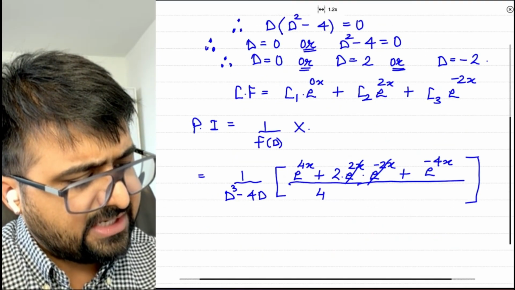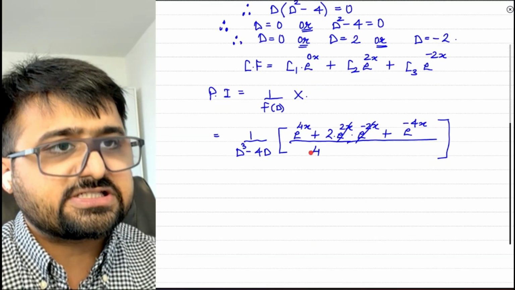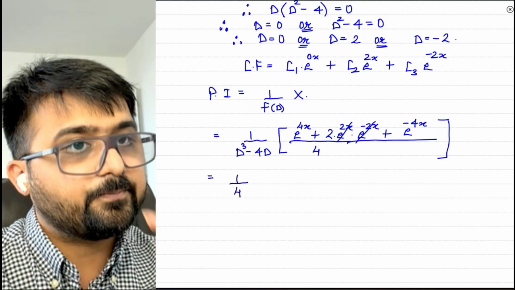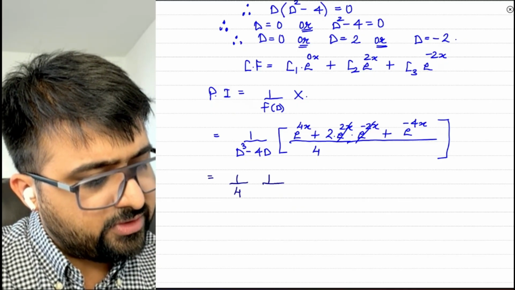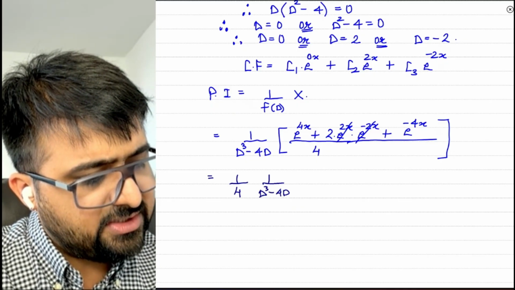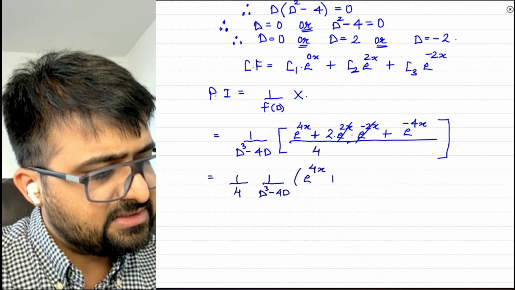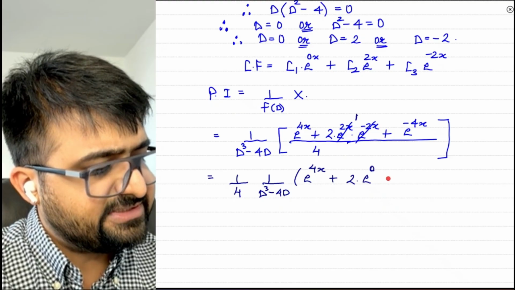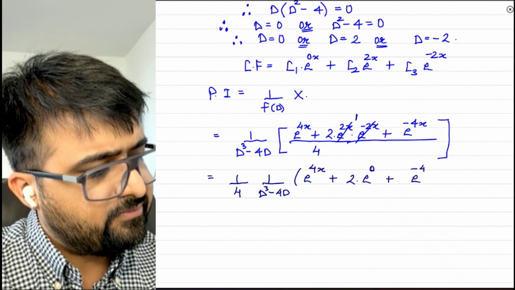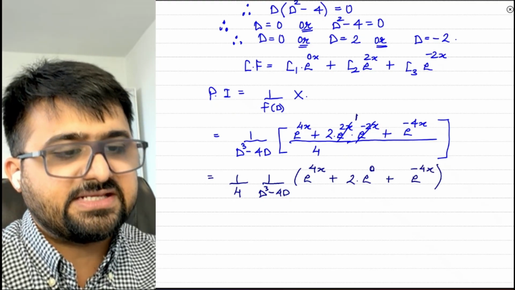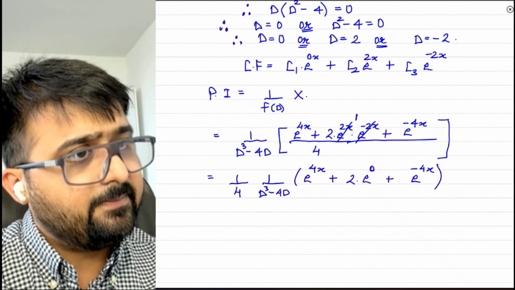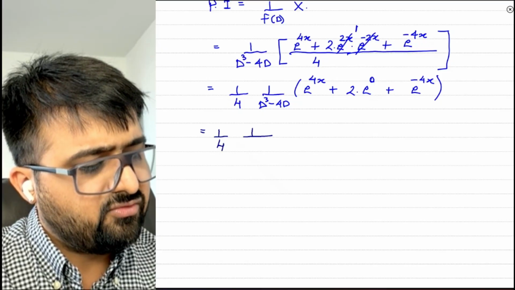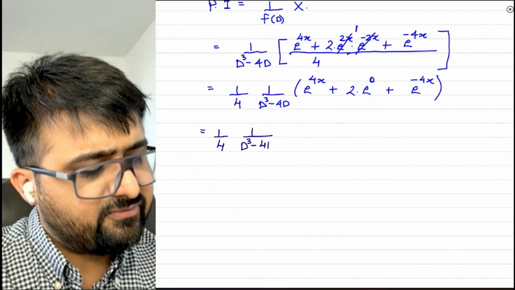And next, we can take this 4 constant out of that operator. So that's going to become 1 upon 4, 1 upon D cube minus 4D of e to the power 4x plus 2. We can write the 1 that is left over here as e to the power 0, plus e to the power minus 4x. I hope that makes sense. Now we have 1 upon 4, 1 upon D cube minus 4D.